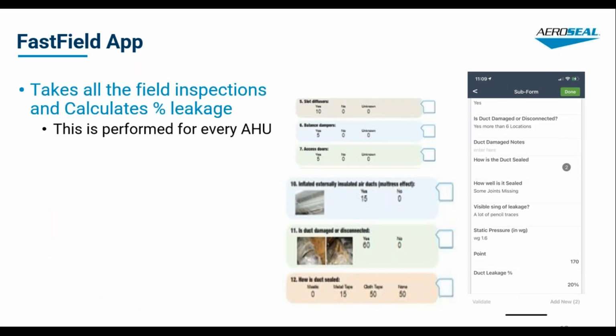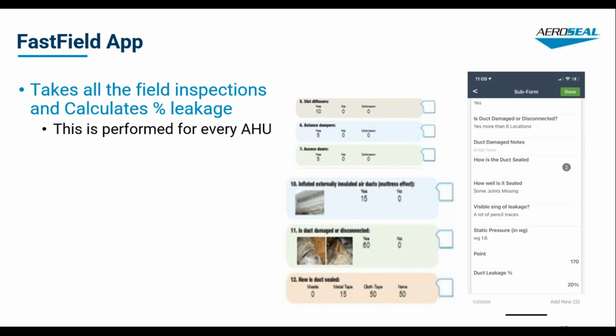And then FastField calculates in those subforms the percentage of leakage per slide that we pick. So if we say it's inflated ductwork, it could be 10 points, which could contribute 2% of the total leakage for that air handler.